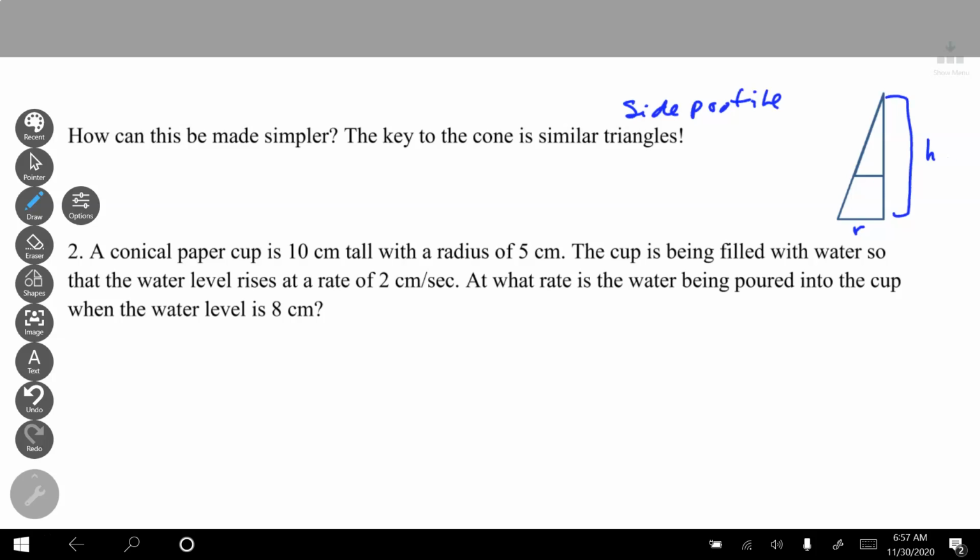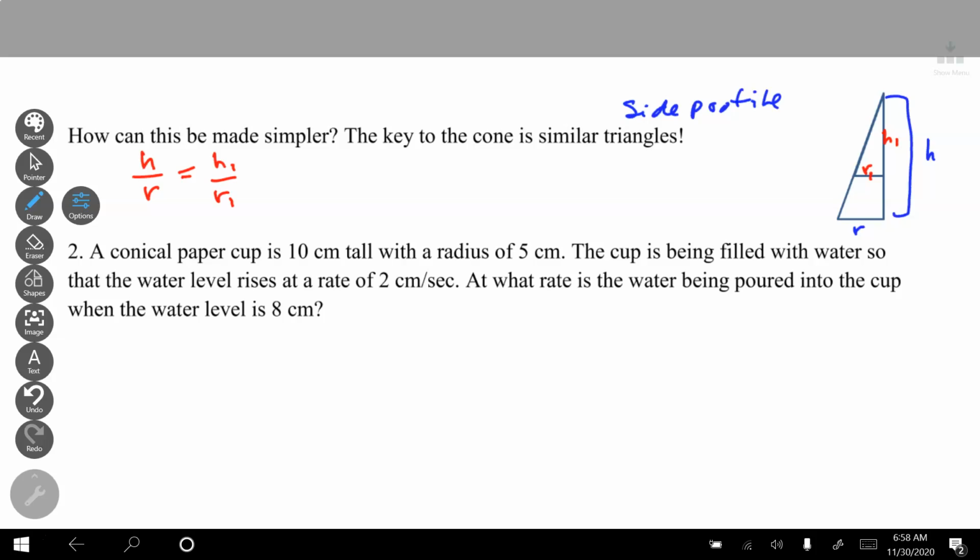height of that cone. But I also have right here this radius at this point and this height here, and by similar triangles, I have my height over the radius of the cone is equal to the secondary height over the secondary radius.